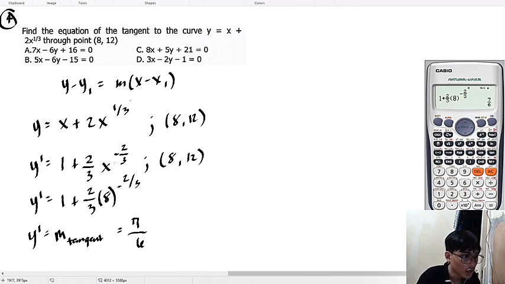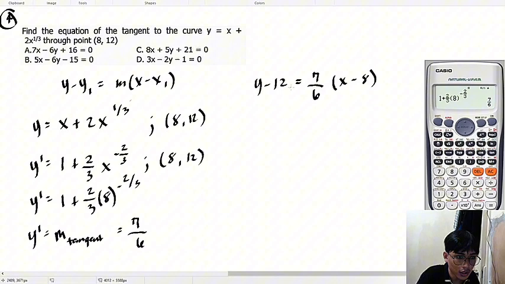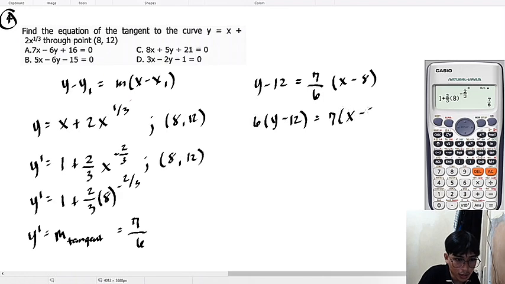Now, we have the slope at that point, so we can get the equation of the tangent line. So we have here y minus y sub 1, which is 12, and the slope is 7 over 6, and x sub 1 is equal to 8. Okay, so simplify, the fraction should disappear, so we cross multiply: 6 times (y minus 12) equals 7 times (x minus 8).